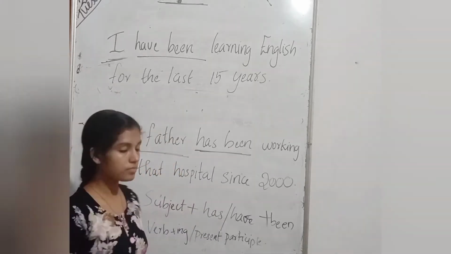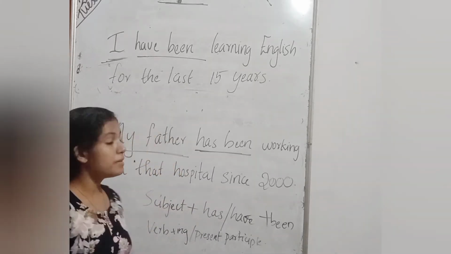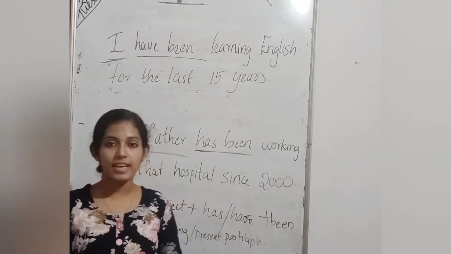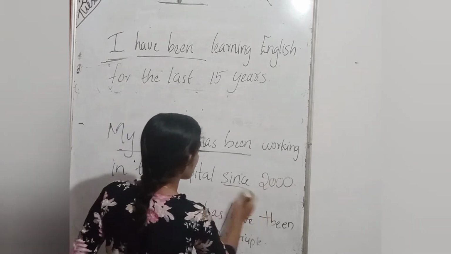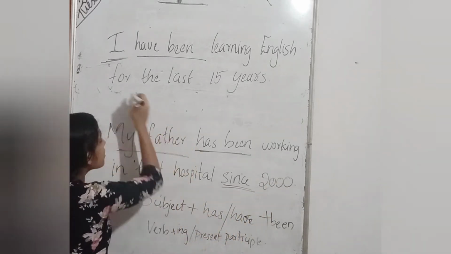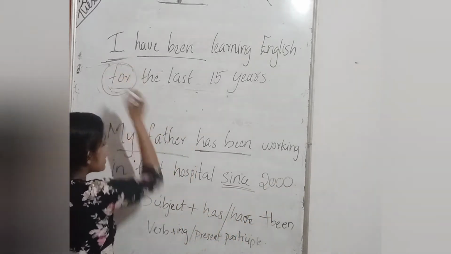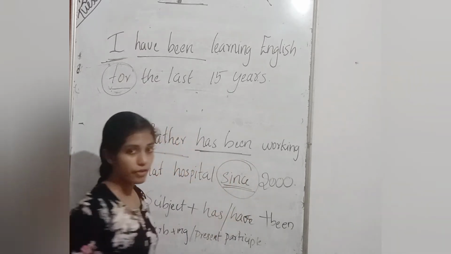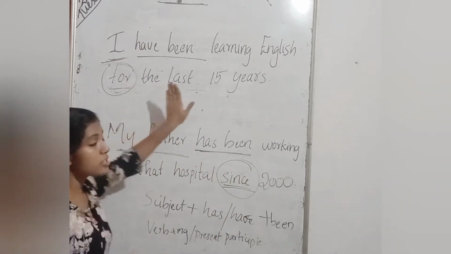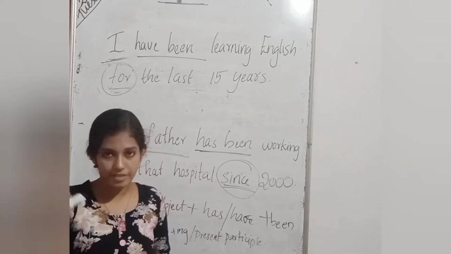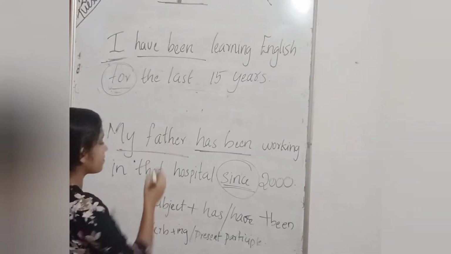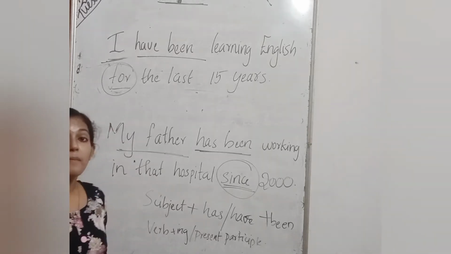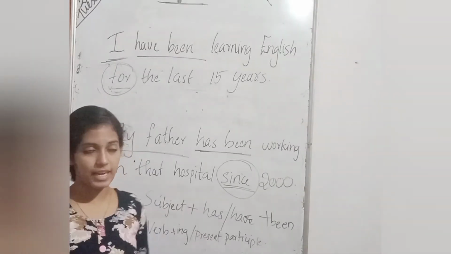Have you understood? In the case of present perfect continuous tense, we are using since and for. For is used to show a period of time, a particular period of time.